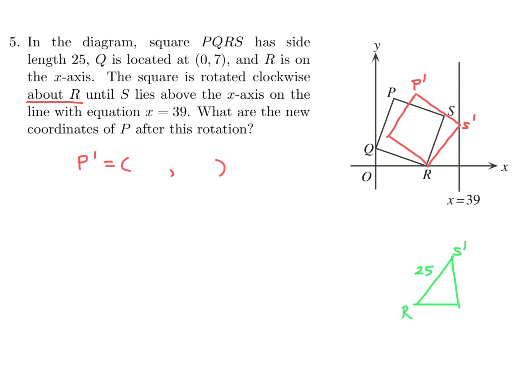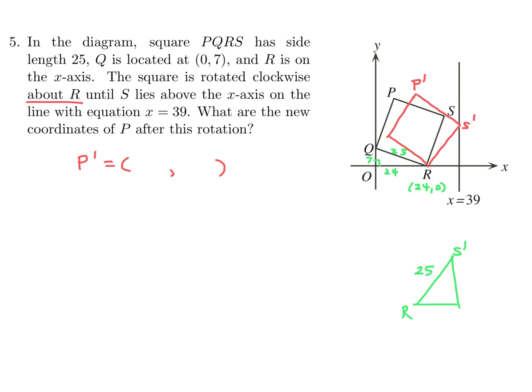Q is at (0, 7), so that means this is 7. This is 25, and you can use Pythagoras to figure out that this is 24 because this is a right angle. So the coordinates of R would be (24, 0).